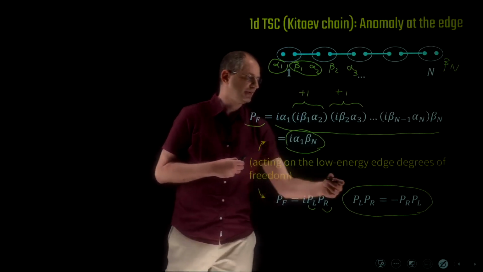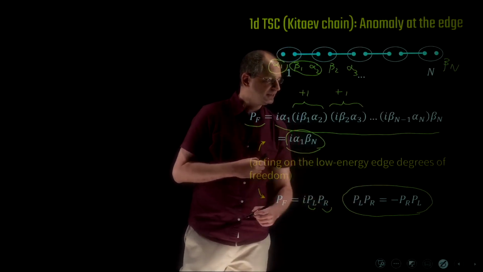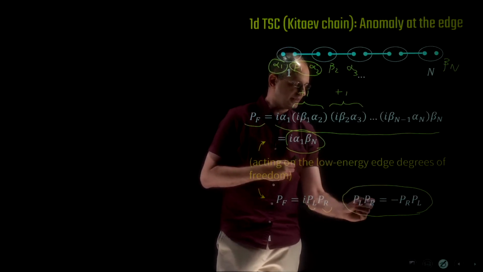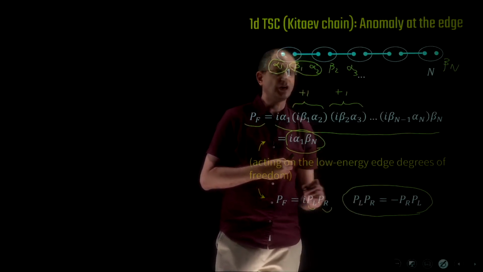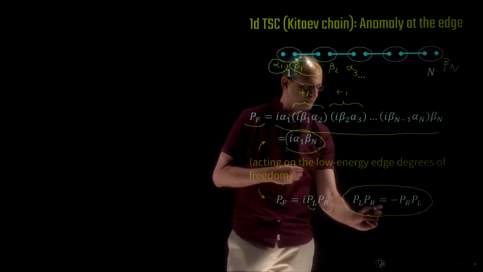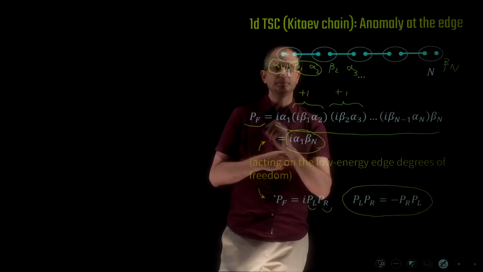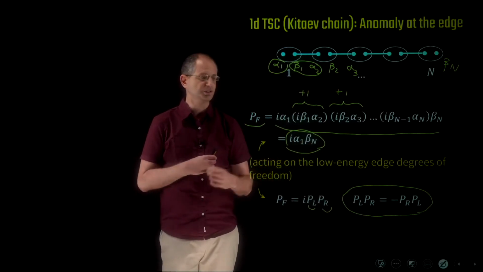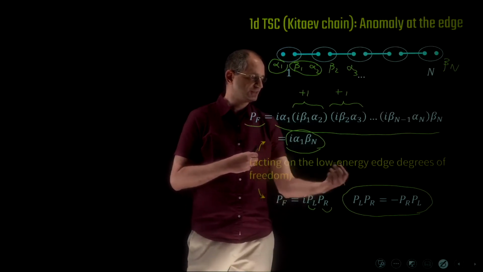This is an anomaly in the sense that realizing such action of the symmetry on the edges can only be possible if our degrees of freedom are living at the boundary of a one-dimensional system. This can never occur if our system is zero-dimensional.